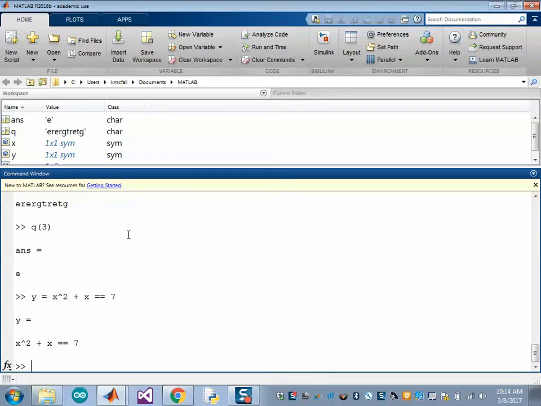Now this one's kind of weird because normally when you write the equal symbol, that is checking for equality. You're going to ask, is the left-hand side equal to the right-hand side? That's normally what double equals means to us. It does not mean that in this situation because we have symbolic expressions.